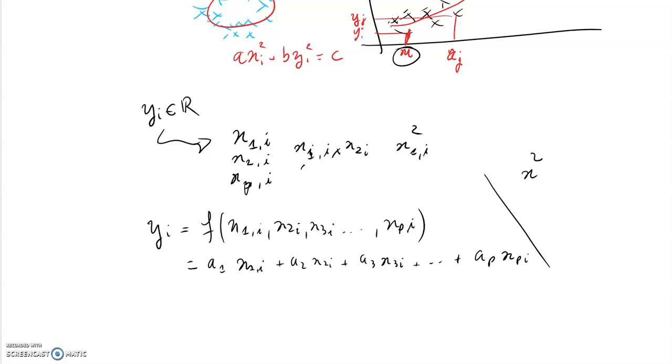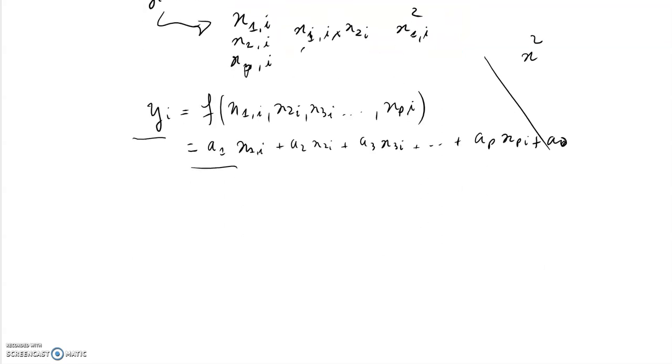These are things you can calculate on your data, and this will help us do regression. Sorry, I forgot the constant, so there is some constant a0, and it's really the same idea.